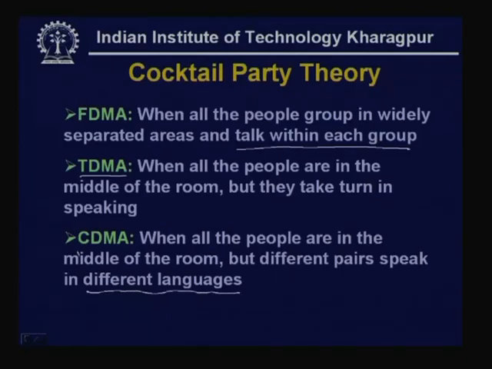So, this is equivalent to CDMA or code division multiple access. Here we shall see how all the people can talk simultaneously at the same time. They will not interfere with each other, and each of them can separate what they are talking within the group. So, this is the cocktail party theory, the analogy of the three channelization approaches based on the cocktail party theory.